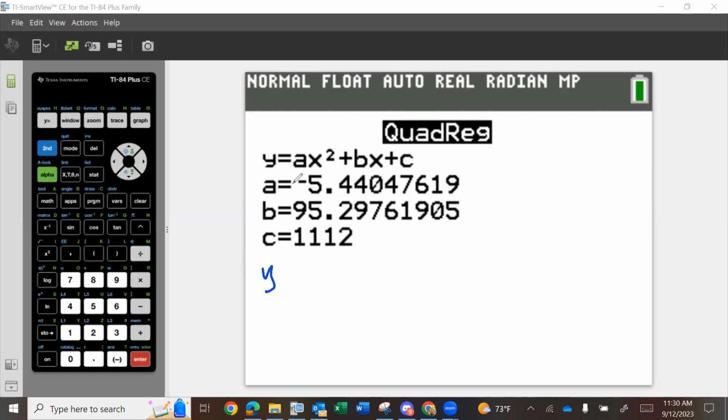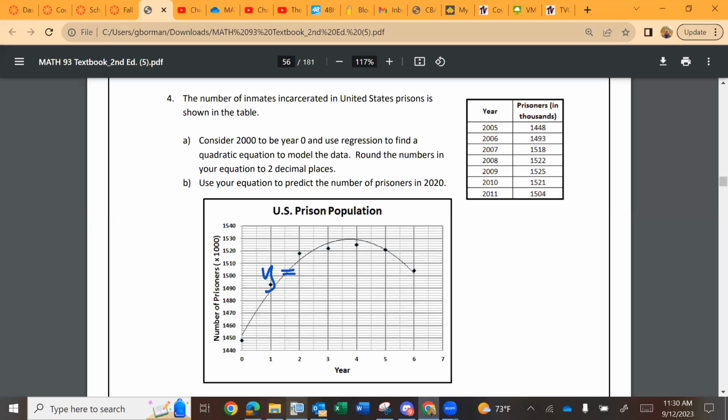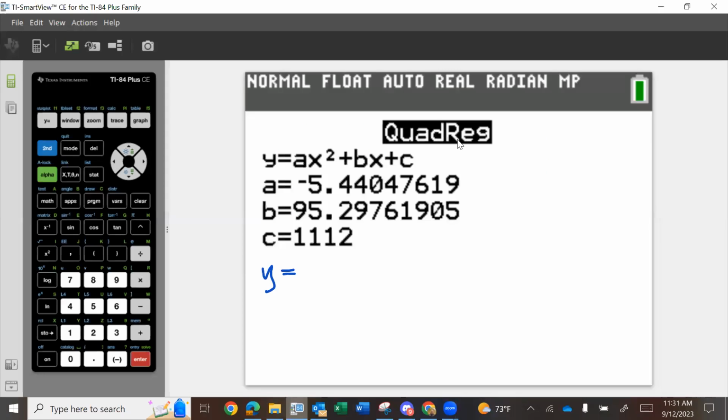So it's going to be y, and then the equal sign, and then the a. And I don't remember if they told us how to round this off. Let's see. 2 decimal places. Okay, yeah. All right, so 2 decimal places, that'll be negative 5.44 for A. Then it says do x squared, and go do a plus sign, and then do B, which is this.